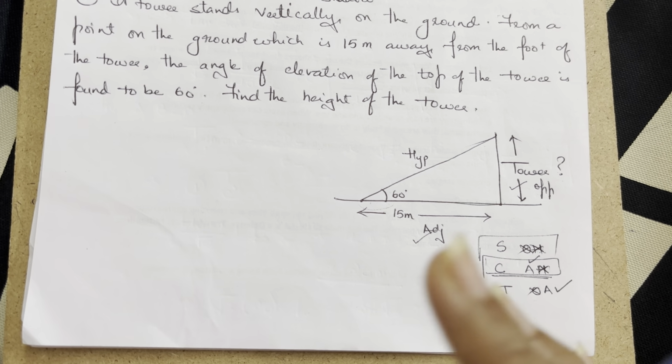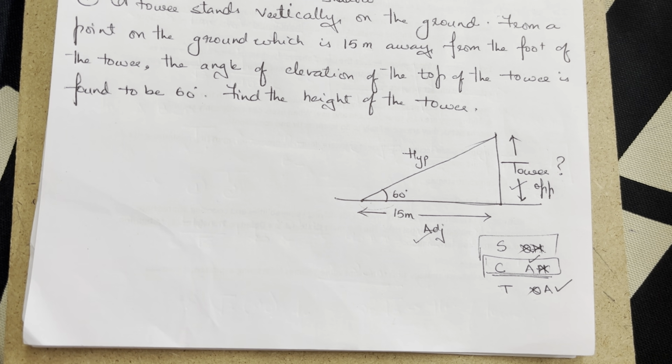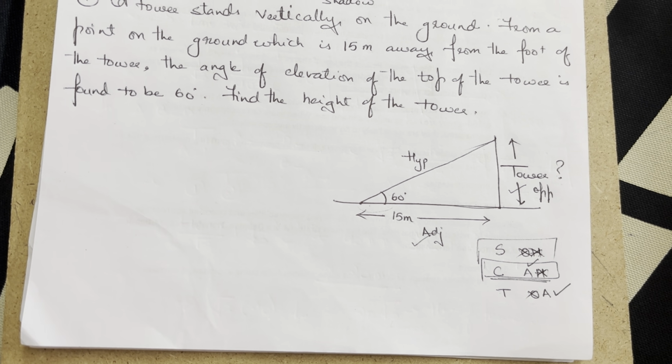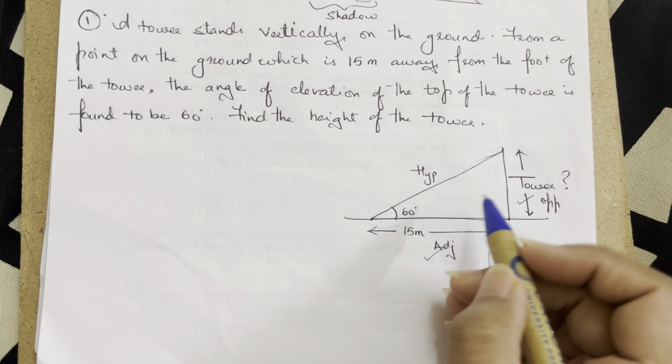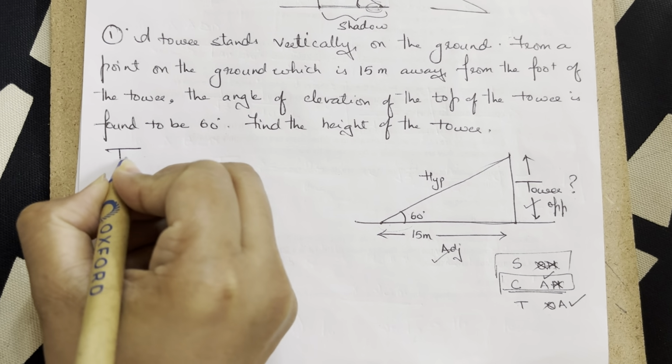To simplify this thing, what we are going to do is we are going to write down the pieces of information which is given to me. So what is the height of the tower given? Not given to me. So I'll write height of the tower.